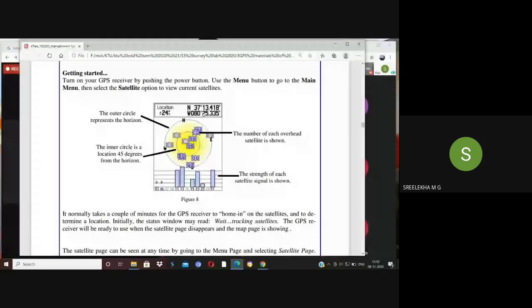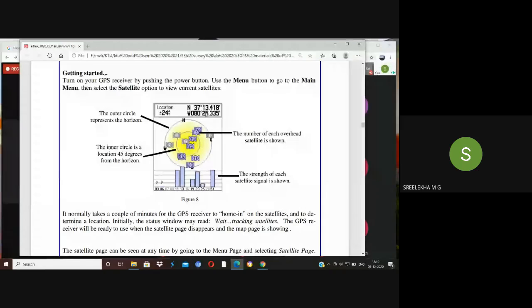You have already studied this, with reference to the north or with reference to the west, what is the angular bearing. It is indicated. This is indicating the location of that particular point on which we have placed the receiver at this instant.